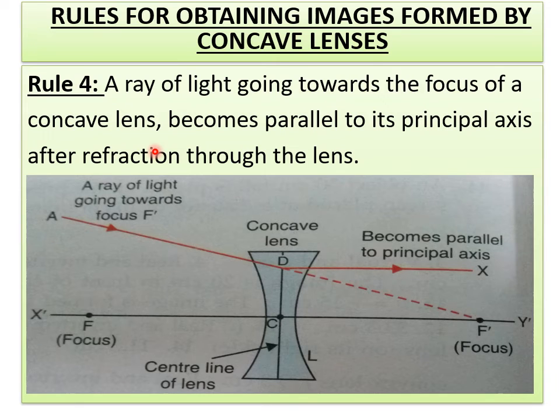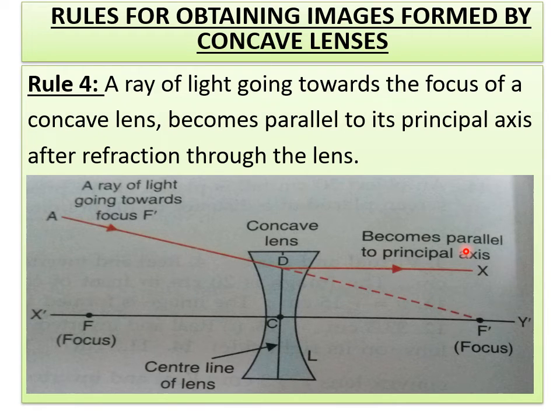So coming to rule 4, a ray of light going towards the focus of a concave lens becomes parallel to its principal axis after refraction through the lens. So this is a ray of light going towards the focus. See, it becomes parallel.